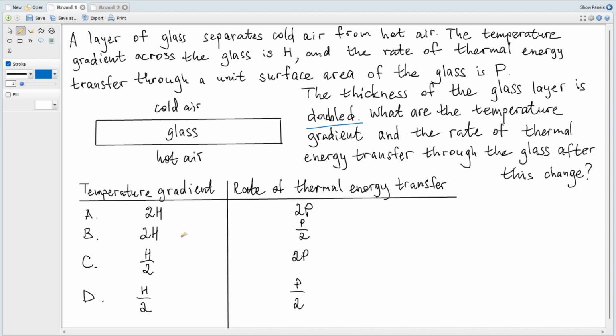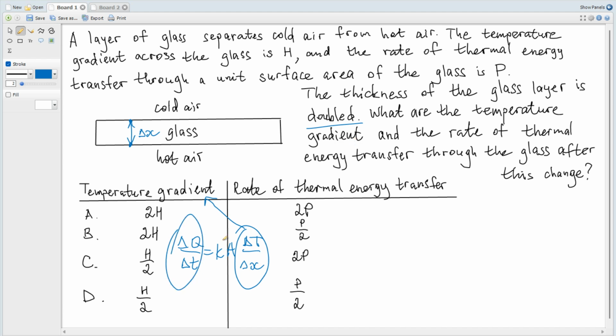It is given in a data booklet that delta Q over delta T is equal to K A delta T over delta X. And delta T over delta X is this temperature gradient, where delta T is the difference in temperature between these 2 points, and delta X is this distance, which is then doubled.